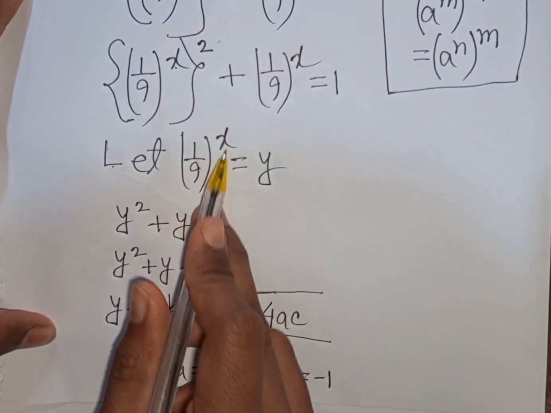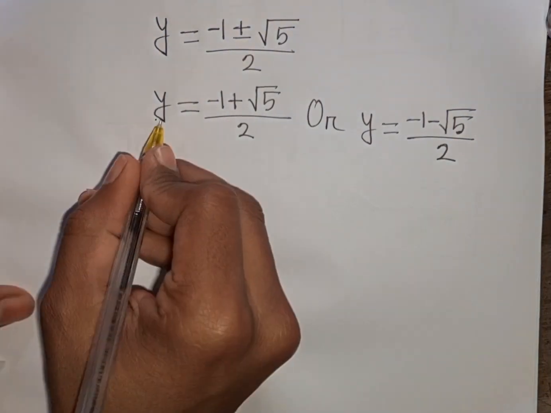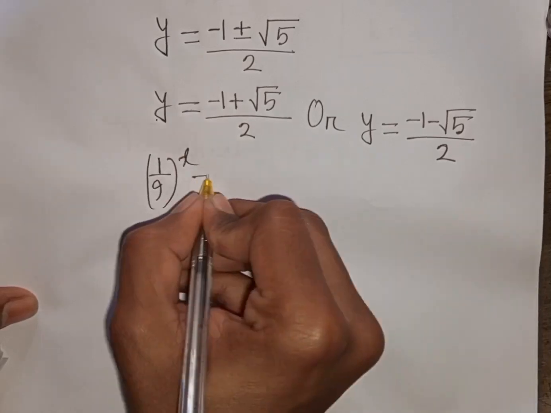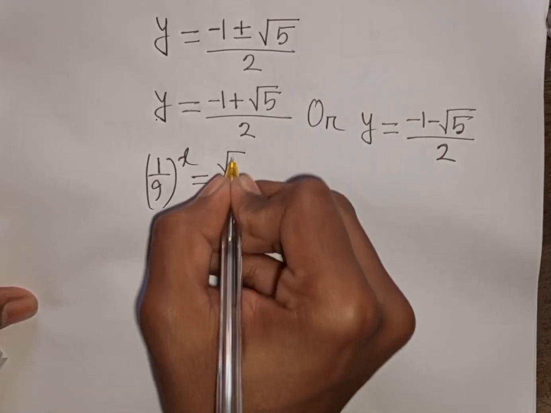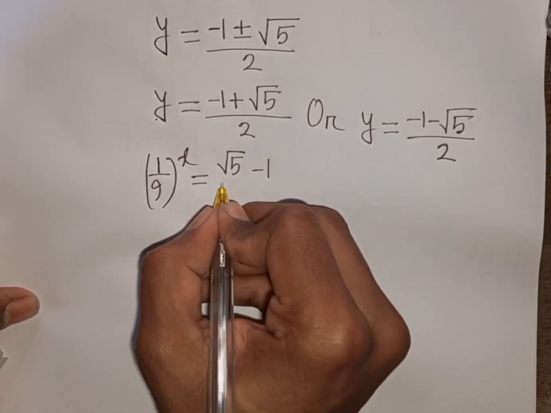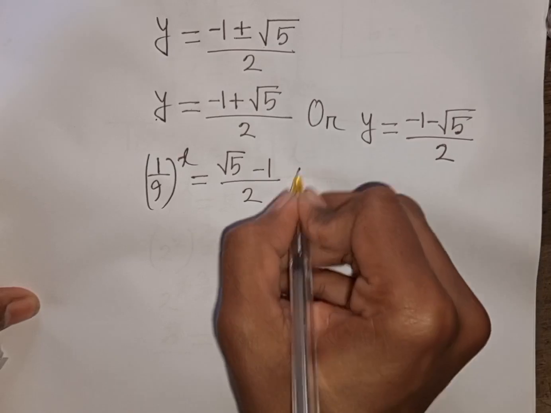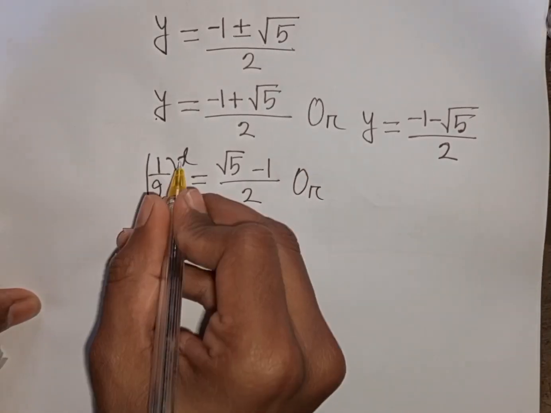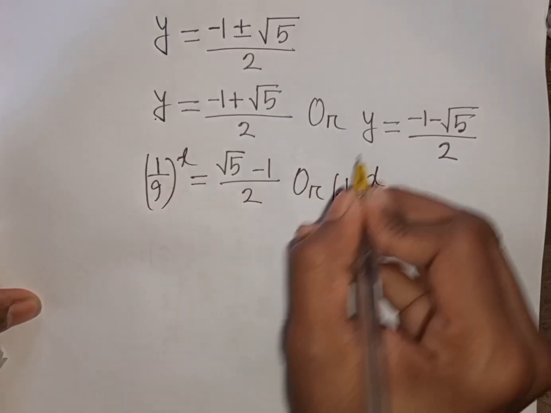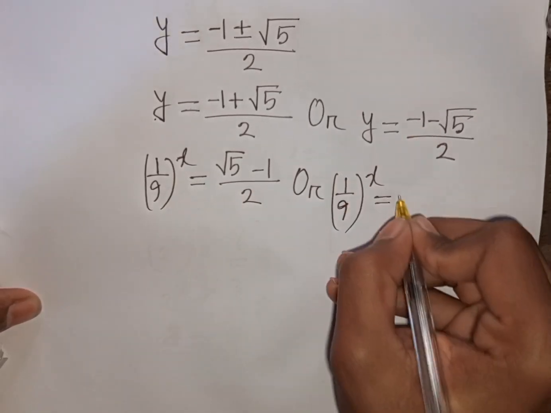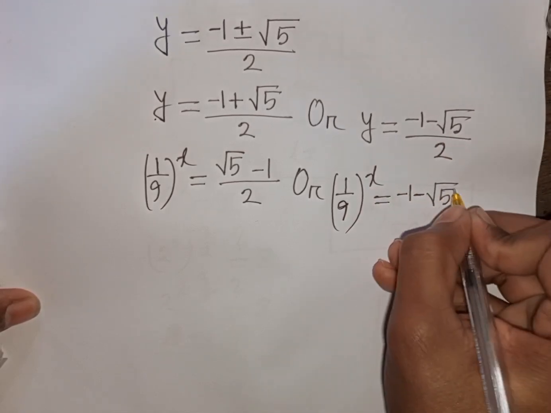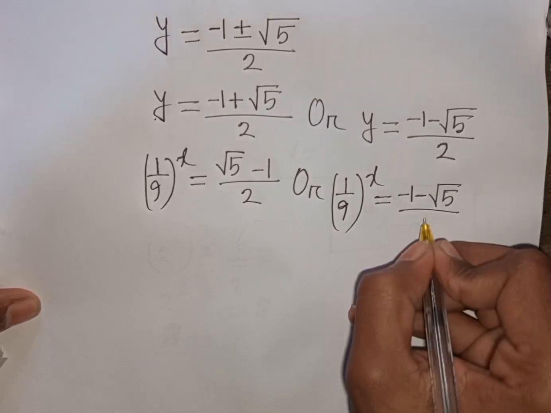So y, that means (1/9)^x, is equal to plus square root of 5 minus 1, divided by 2, or (1/9)^x is equal to minus 1 minus square root of 5, divided by 2.